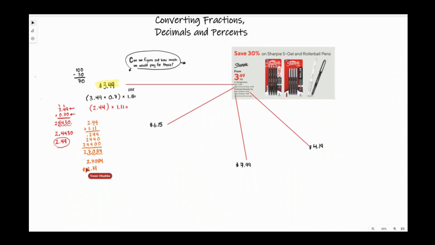So if I were to buy the 2-pack of gel pens with the savings and then with tax, I would need $2.71 at the till in order to pay for it. Does that make sense that way?